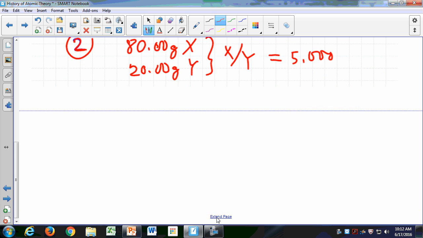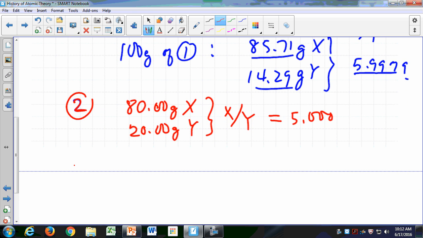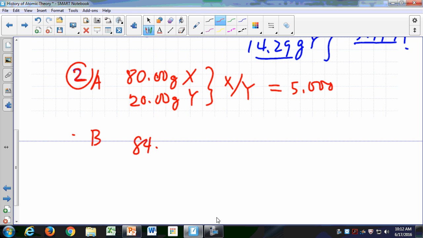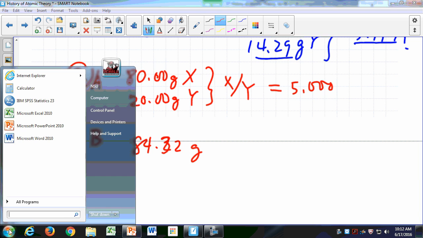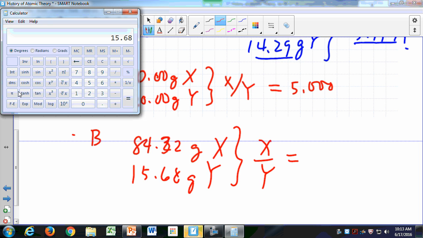And the next one is 84.32%. The other possibility is that 100 grams of that sample would have 84.32 grams of X. So subtract that from 100, and that will give you 15.68 grams of Y. So our X to Y ratio here is 84.32 divided by 15.68.